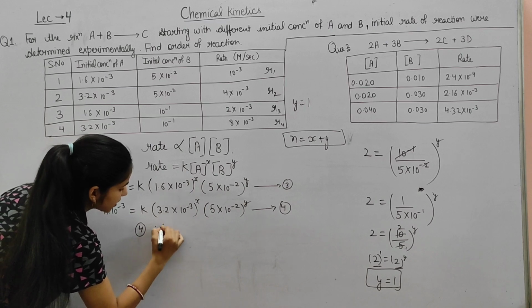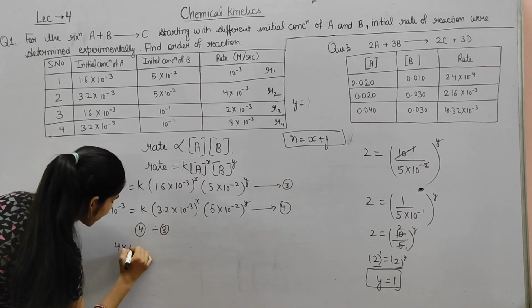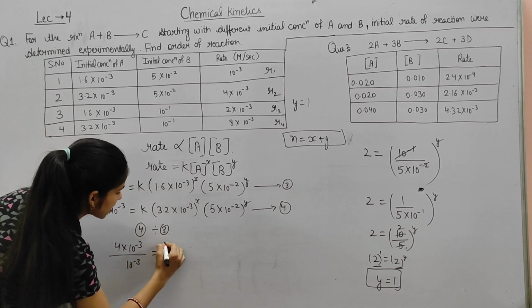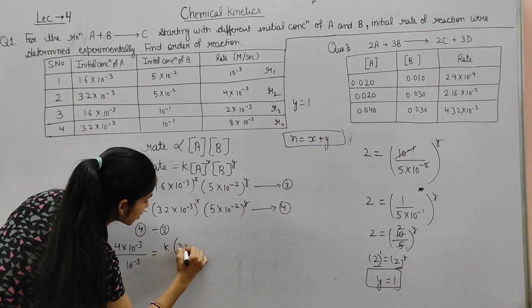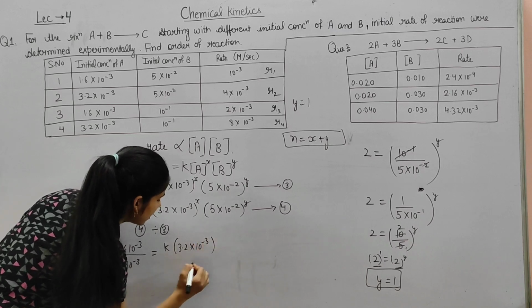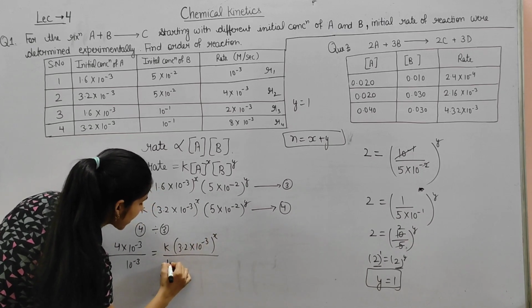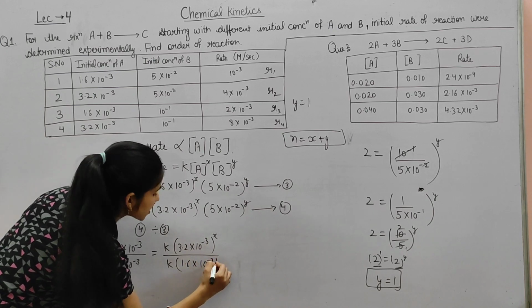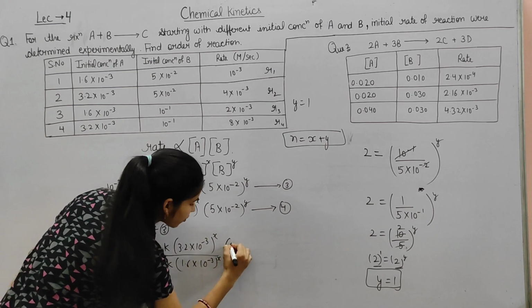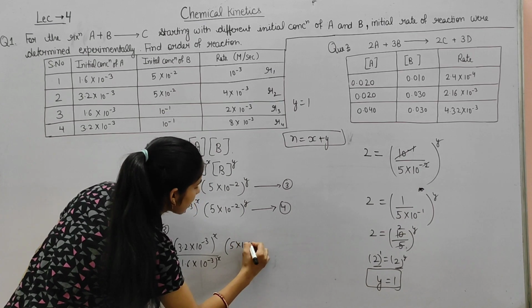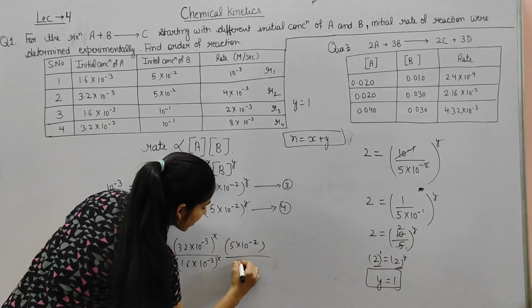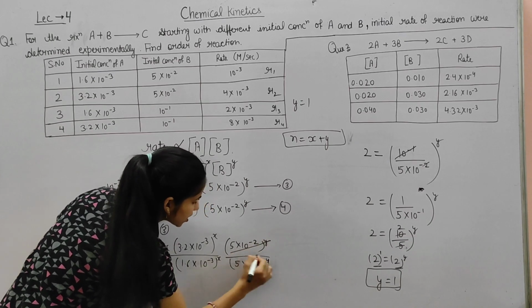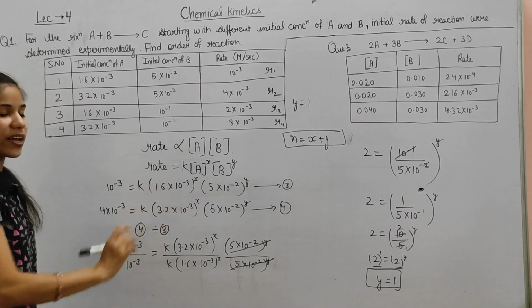4 divided by 3. So 4 × 10^-3 divided by 10^-3 equals k (3.2 × 10^-3)^x divided by k (1.6 × 10^-3)^x, and there is (5 × 10^-2)^y in both. So the power of y will cancel.